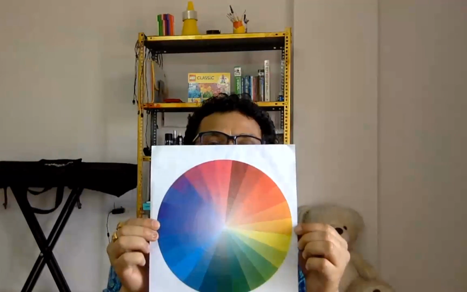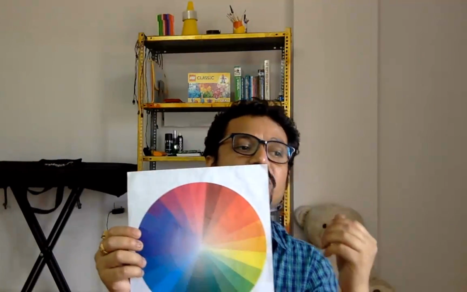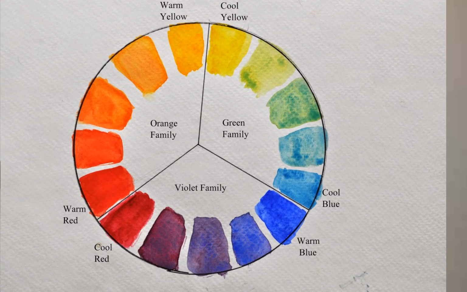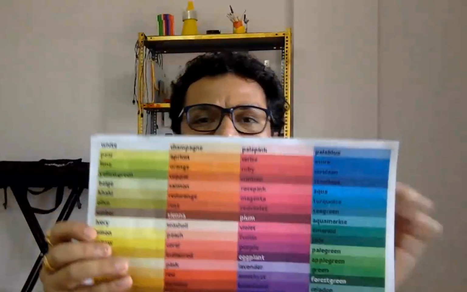And once you are done with that exercise, then you try to create a color wheel like this. Now once you know how to mix colors and how to mix the right amount of colors, try to create a color wheel like this. Okay, once you are done with that color wheel, then you try to create standard colors like this. You can get these printouts on Google.